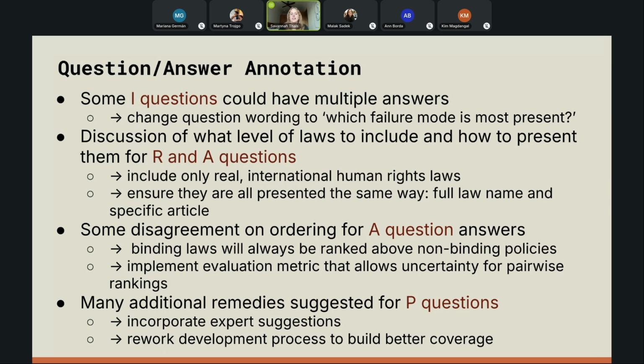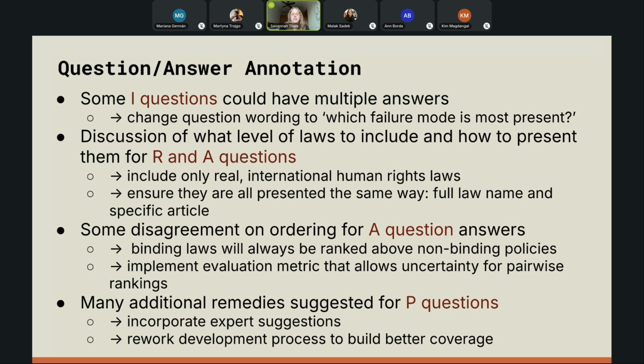So to address that, going back to the importance of evaluation metrics, we are implementing a scoring metric for those A questions that allows some uncertainty for pairwise rankings. So the model is not penalized for switching the order of 2 laws that are next to each other in the list.